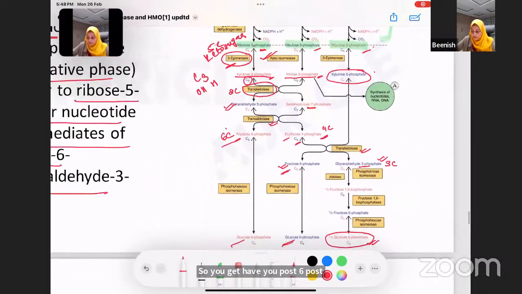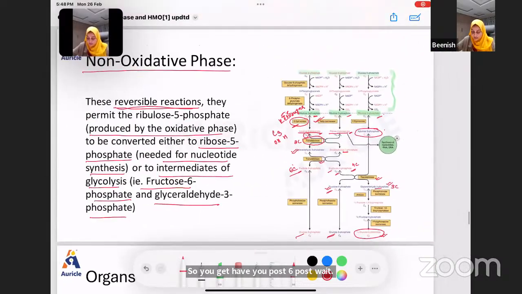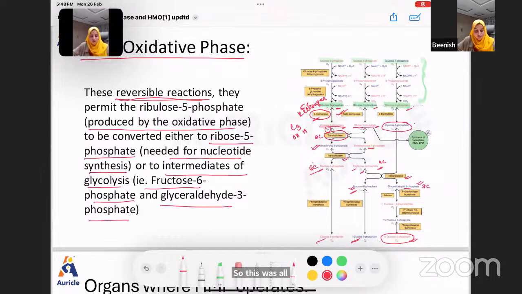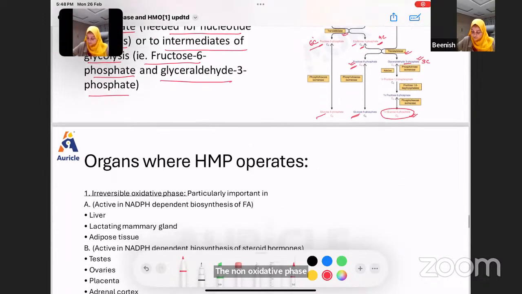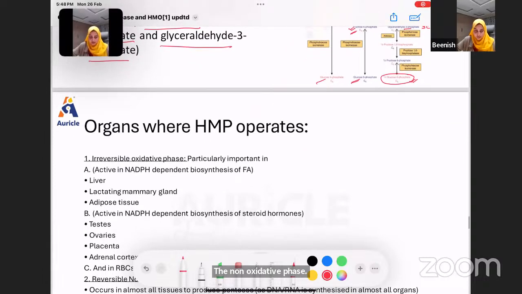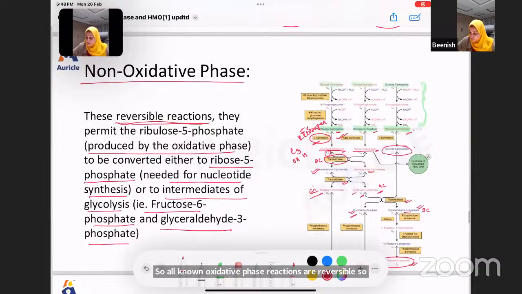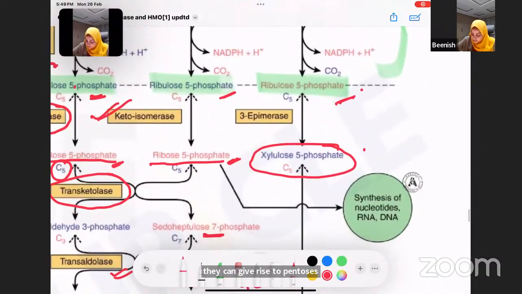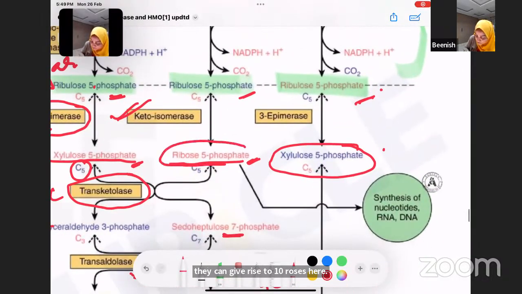So this was all about the non-oxidative phase, which was reversible. So all non-oxidative phase reactions are reversible, so they can give rise to pentoses here. See, this was your ribose 5-phosphate formed here.